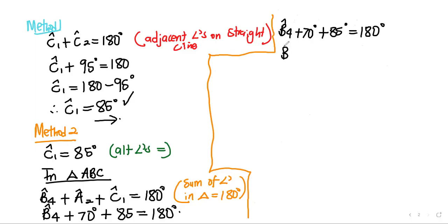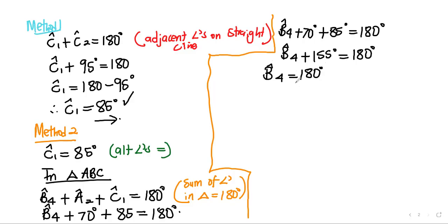Then we're going to say angle B4 plus, then we add 70 plus 85. 70 plus 85 degrees, we're getting 155. So that will be 155 degrees is equals to 180. Then we can say B4 is equals to 180 degrees.